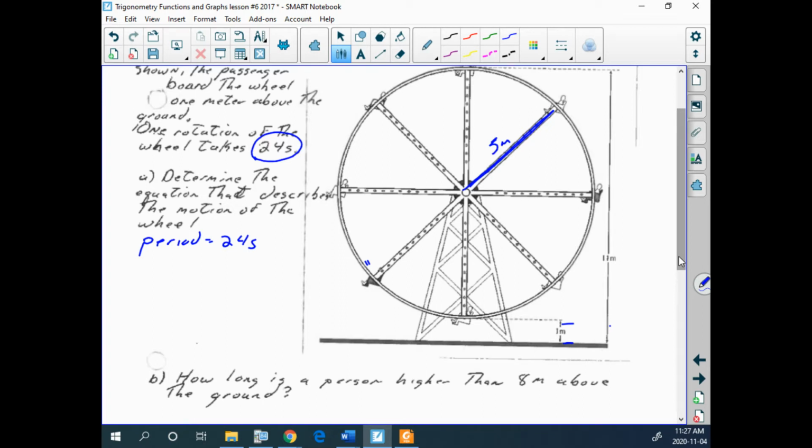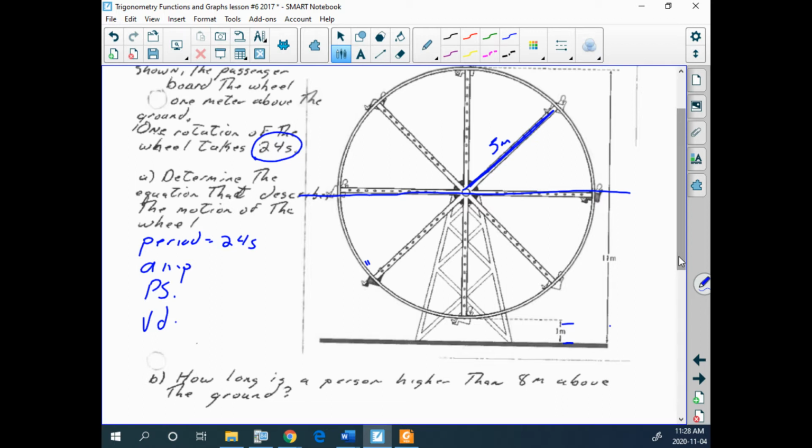Now we need to figure out what our amplitude is, we need to figure out our vertical displacement and our phase shift. And again, you can think about this. What is vertical displacement? What is the average height above the ground? The average height above the ground would be right there, right in the middle of that wheel.